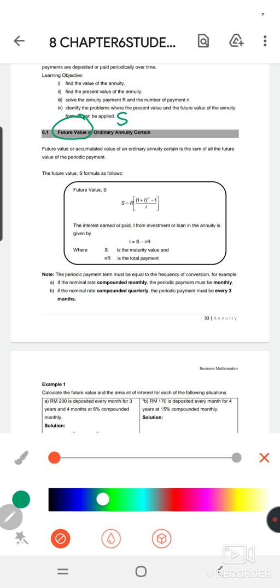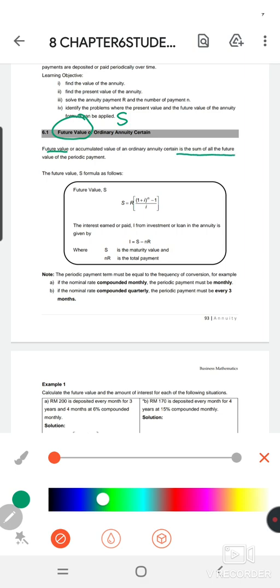So for annuity, we also have future value, which is S. Future value or accumulated value of an ordinary annuity certain is the sum of all the future values of the periodic payments.